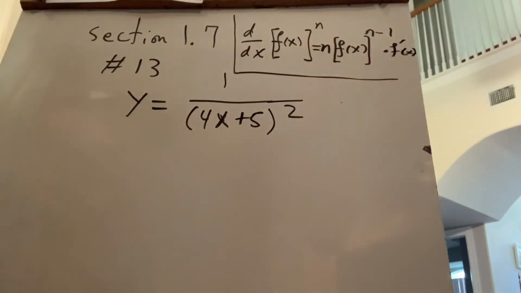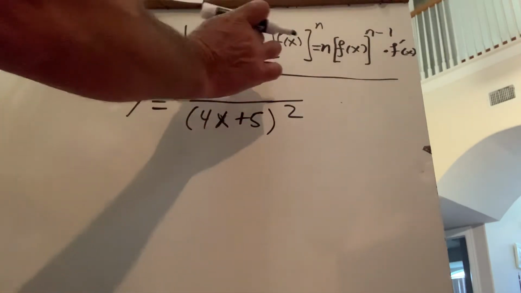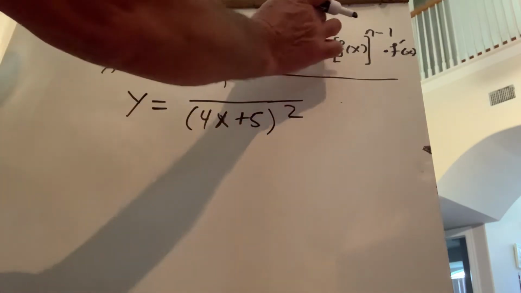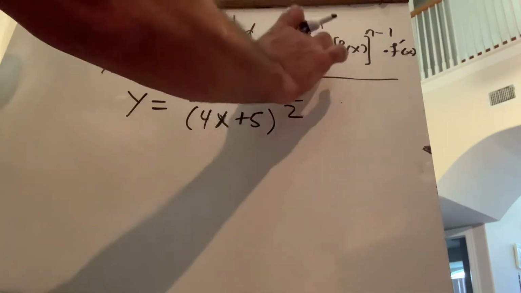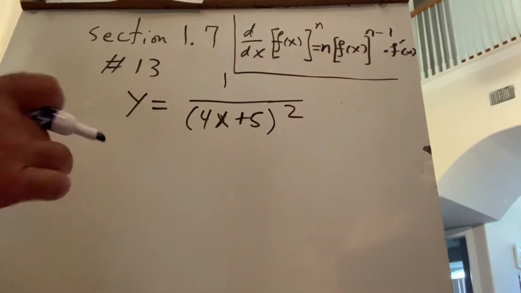F prime of x. I believe this is in your textbook on page 169, theorem number 10. It's called the extended power rule. They may use different letters, but this is the concept. Anytime you differentiate a function to a power, you bring the power down, times the function to the power minus 1, and then times the derivative of the function.